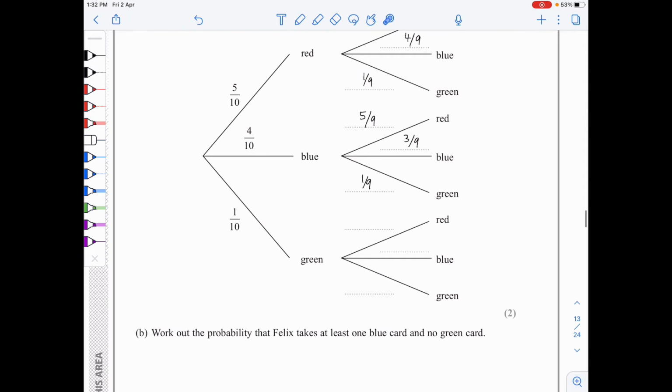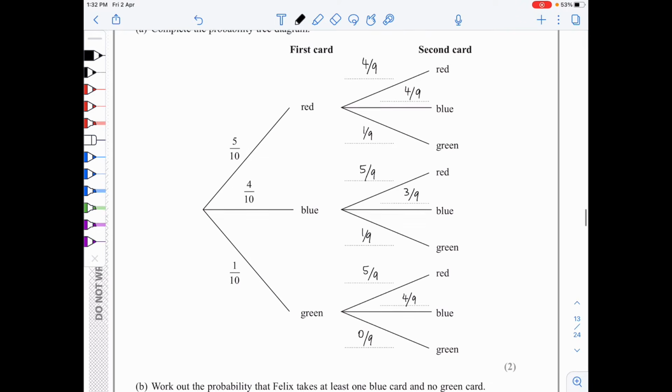And finally, if the green one was drawn out, then we still have the 5 red cards, the 4 blue cards, and 0 out of 9 for green, because there are no green cards left.